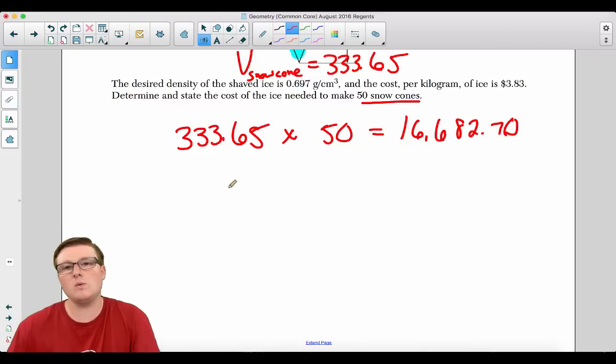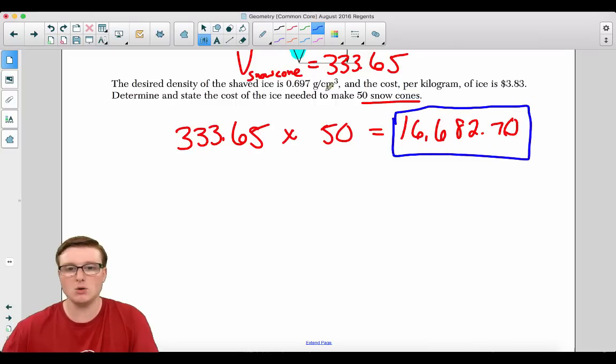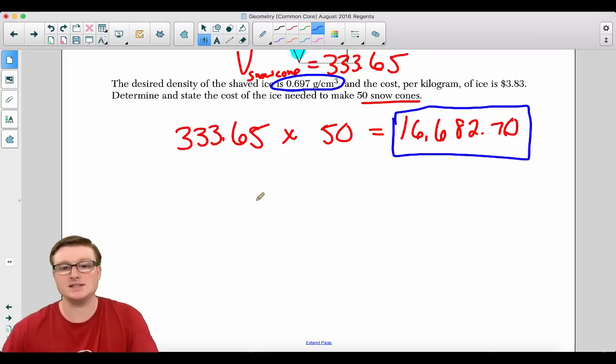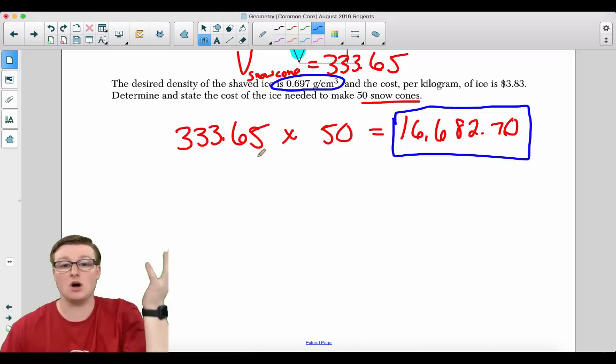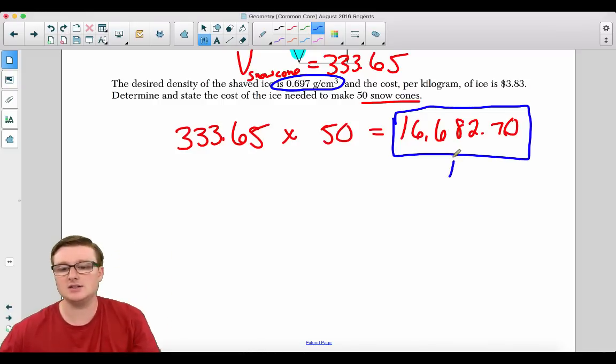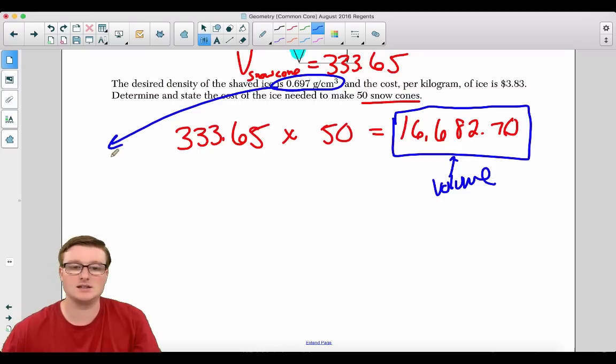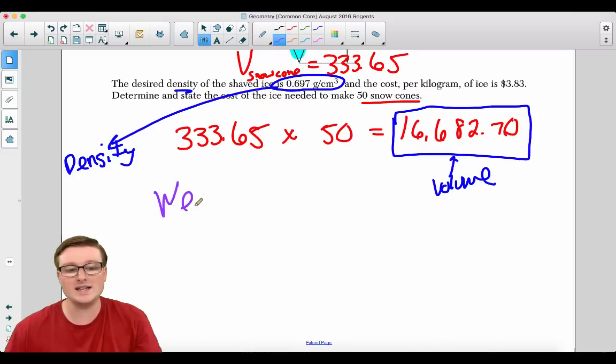So now what we have to do is we need to take this number right here and multiply it by 0.697 grams per cubic centimeter in order to find the cost. Now, real quick, this is your volume, right? What is this? That's your desired density. Remember what I said to all of you in every video? Weight is equal to density times volume.